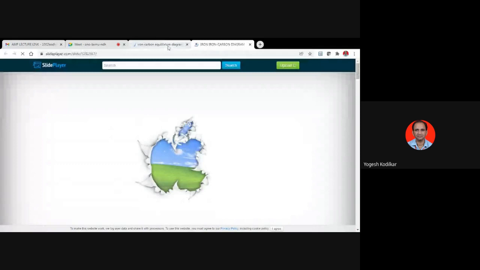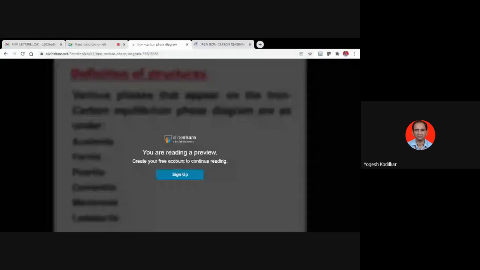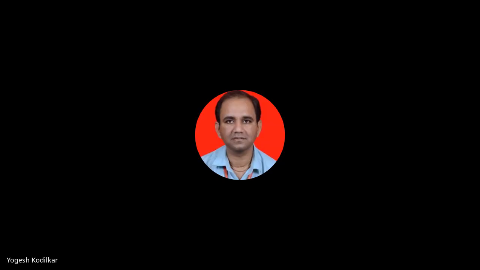So, this is the iron carbon diagram, having different crystal structures.